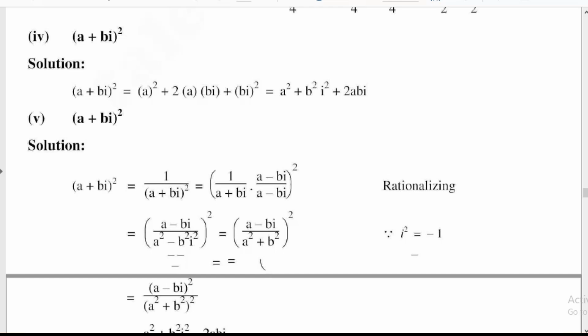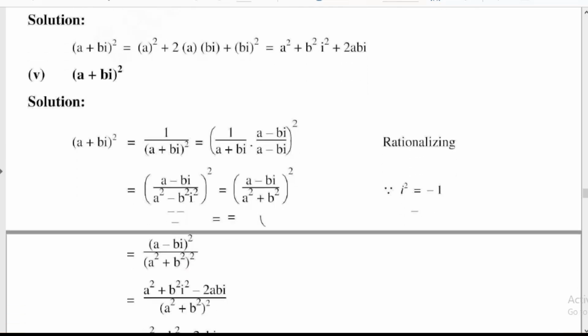So numerator form, that is a minus iota b divided by a plus iota b into a minus iota b is equal to a square minus b square iota square. So numerator form, that is a minus iota b divided by a square iota square is equal to minus 1. So minus into minus plus b square. So a minus iota b whole square divided by a square plus b square whole square.